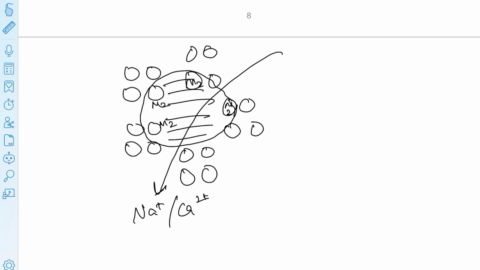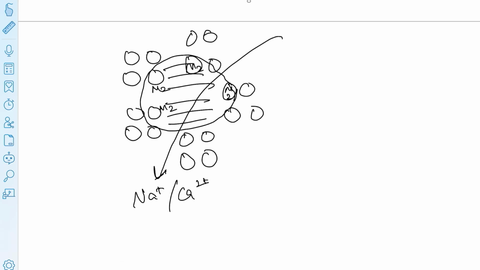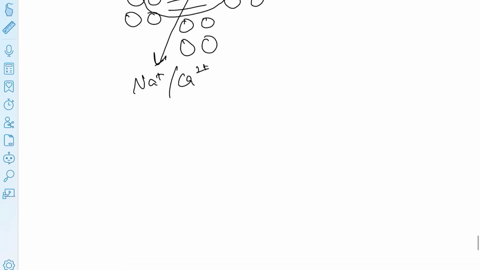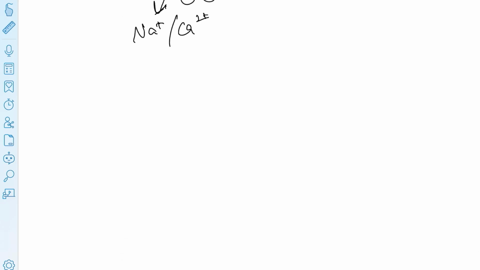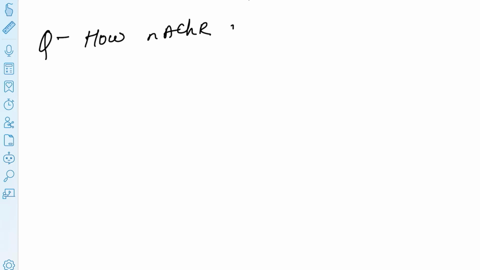Now, what basically happens? How are the channels opened upon binding of the acetylcholine? So we can write how this particular nicotinic acetylcholine receptor ion channel opens.